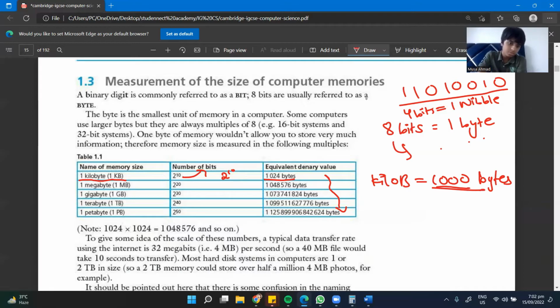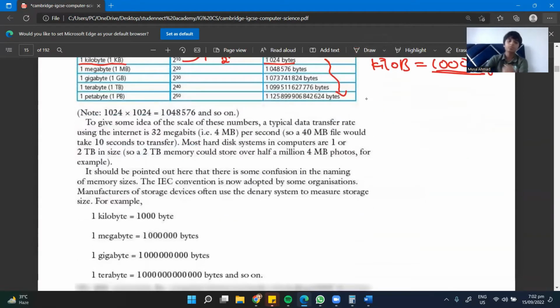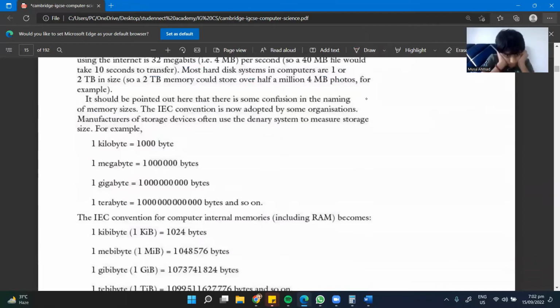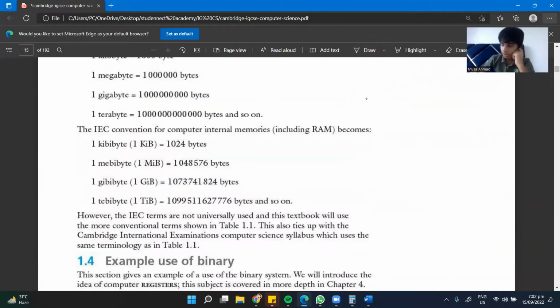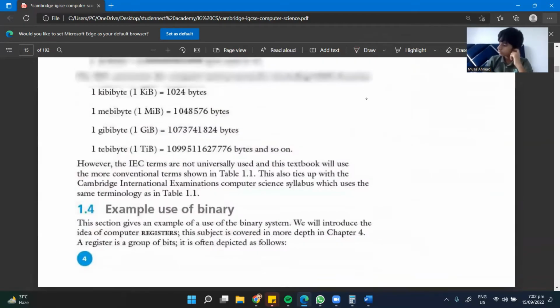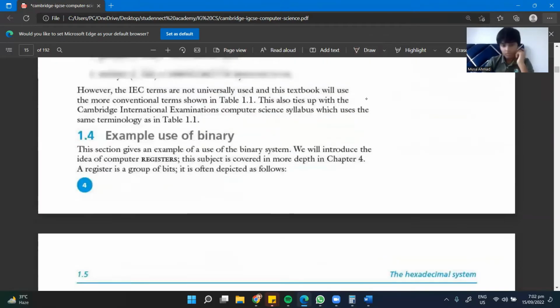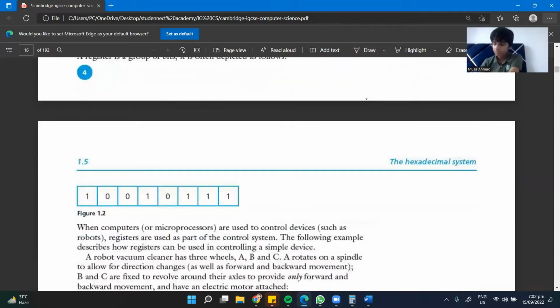Okay, all right. Now let's go down a bit. Here they said the same thing. 1 kilobyte has 1,000 bytes, 1 megabyte, 1 million bytes, and it keeps increasing that way. All right.